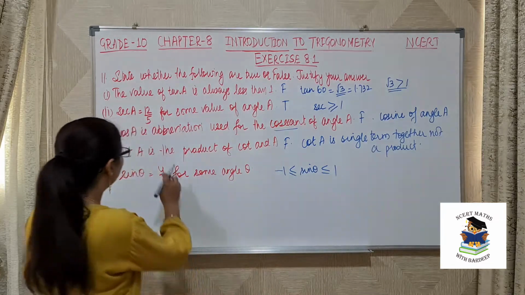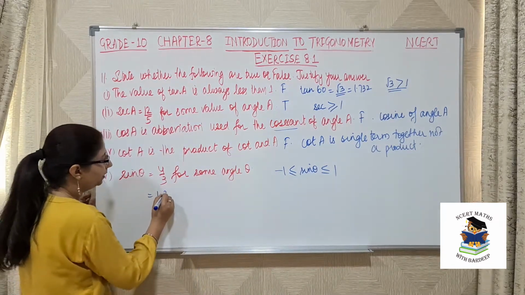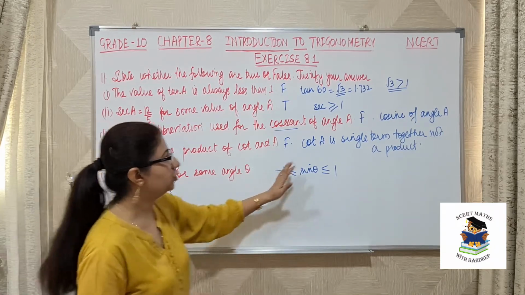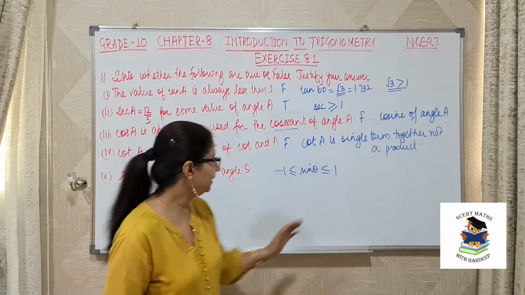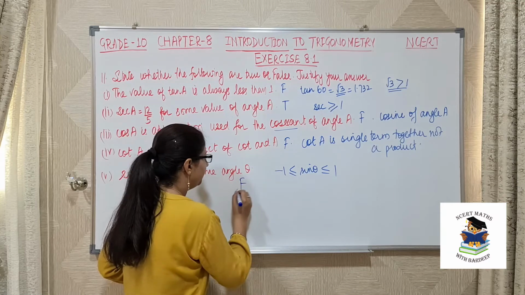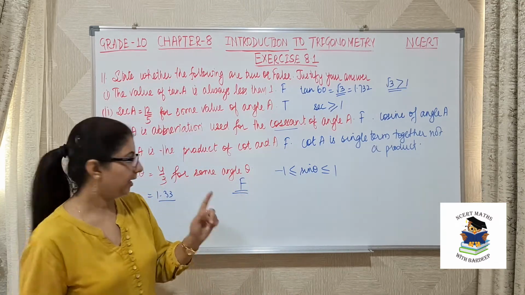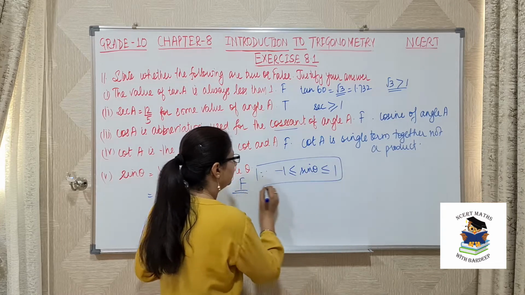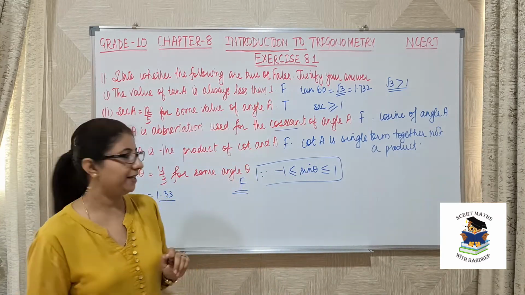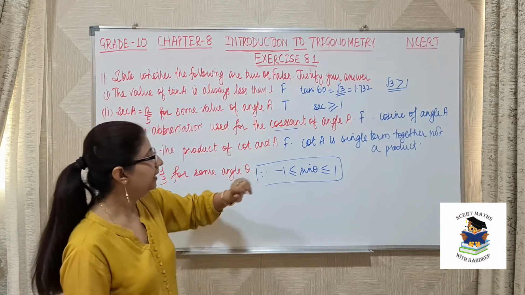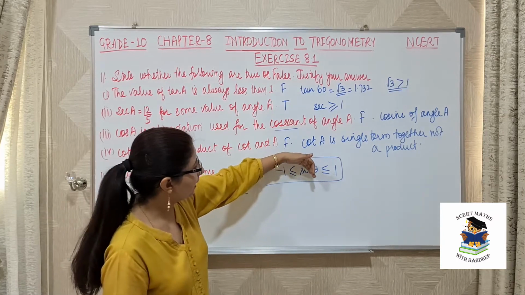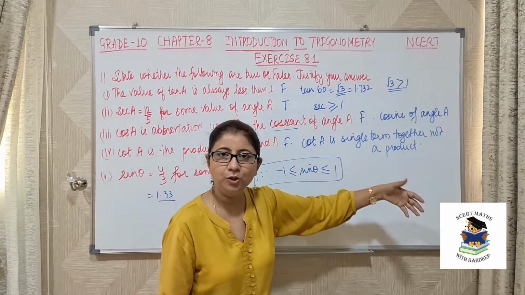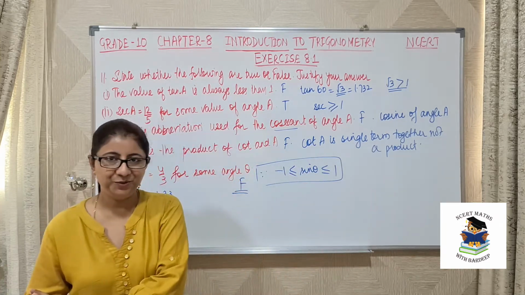So here 4 by 3 is 1.33. Since this value is exceeding 1, which is not possible in case of sin theta, this statement is also false. The reason you can give is this range: -1 is less than or equal to sin theta is less than or equal to 1. This means that sin theta can have a minimum value of -1 and a maximum value of 1. So it cannot exceed 1.